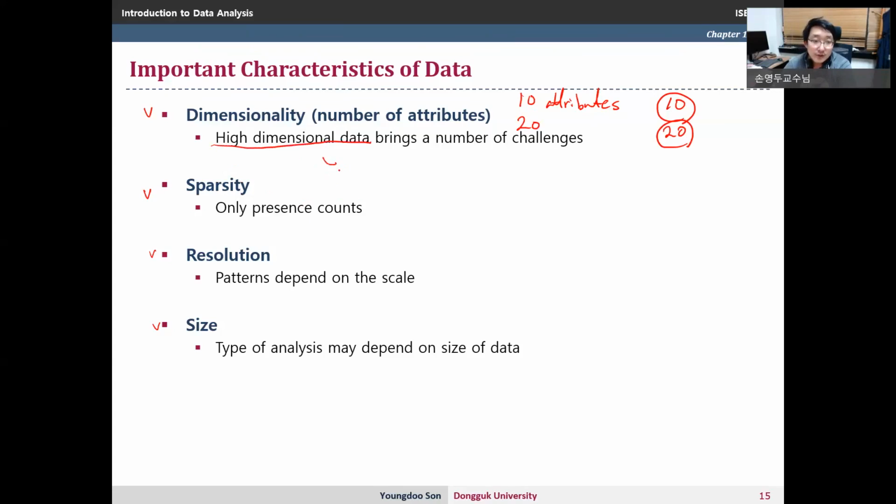One of the famous ones is called the curse of dimensionality. The curse of dimensionality means that in a very high dimensional space, in other words, the space where objects with very high dimensionality lie, most distances, for example, the Euclidean distances, lose their meaning.